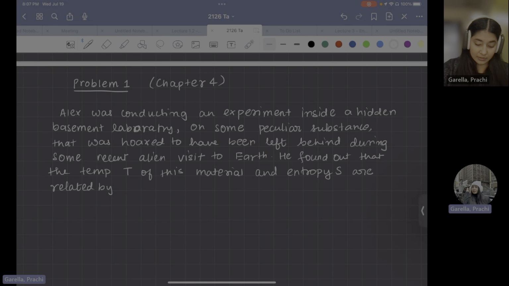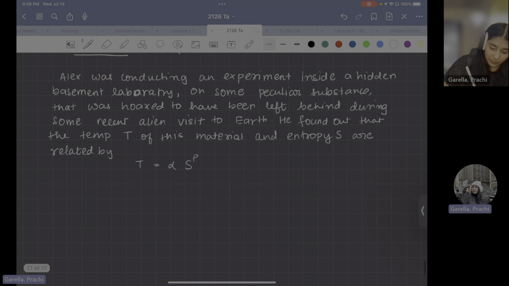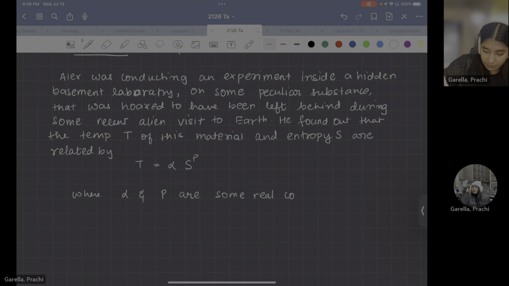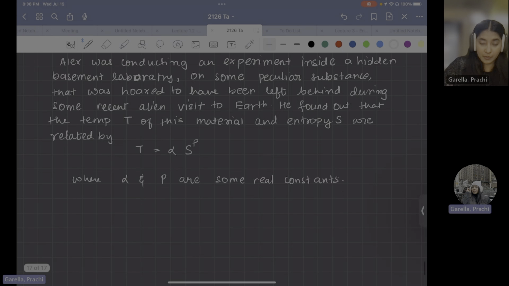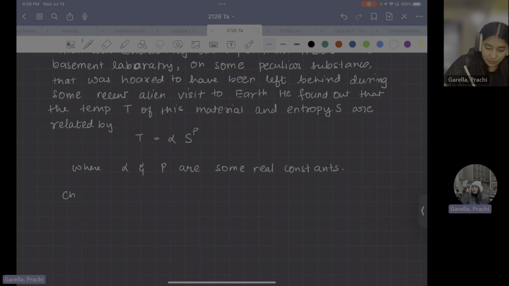He found out that the temperature T of this material and entropy S are related by the following expression: T equals alpha S to the power P, where alpha and P are some real constants.